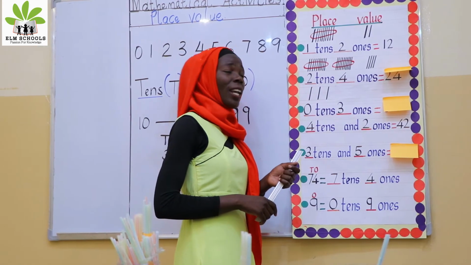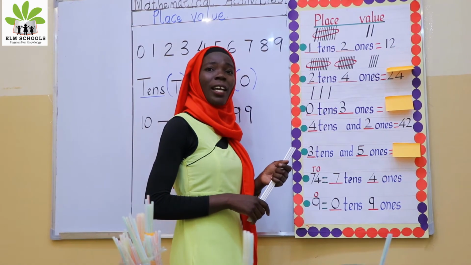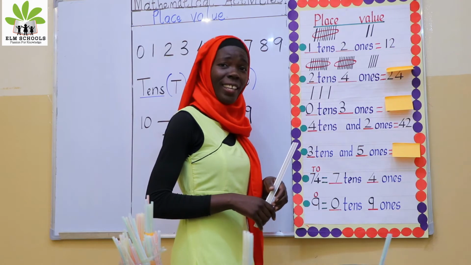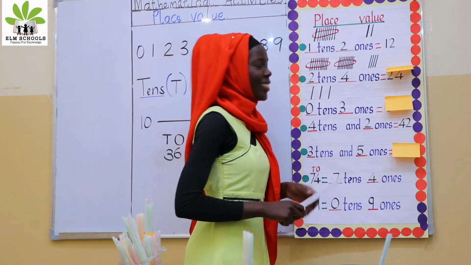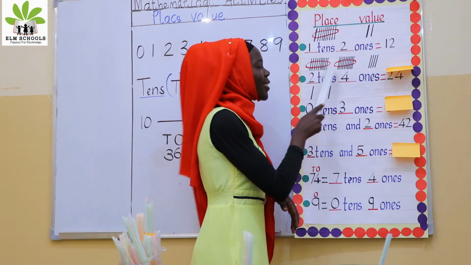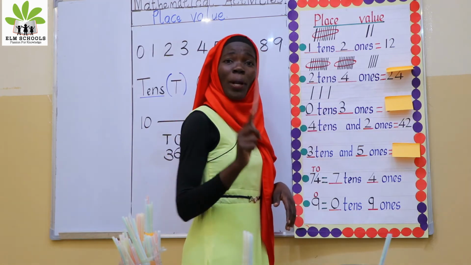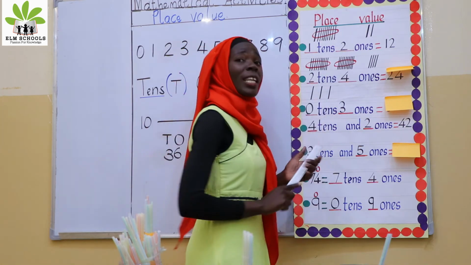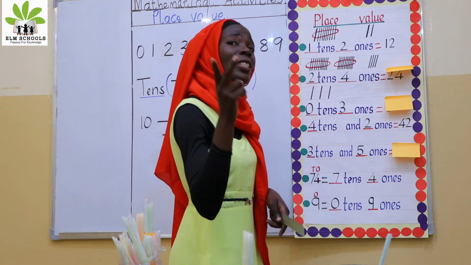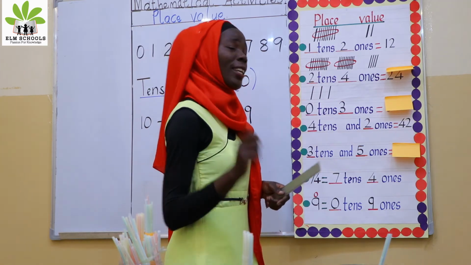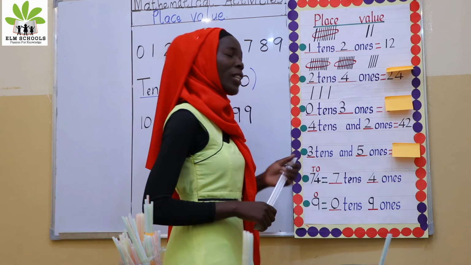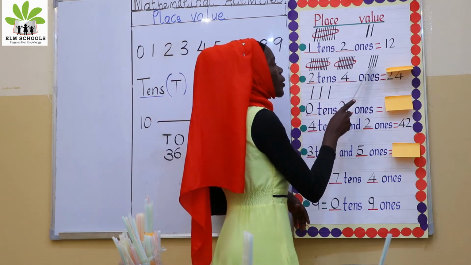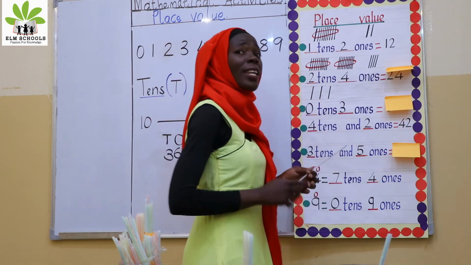Next example, look at my bundles. And I want us to count how many bundles there are. Let's count together, class. 1, 2. How many bundles? 1, 2. They represent 2 tens. And I have how many loose ones? 1, 2, 3, 4.